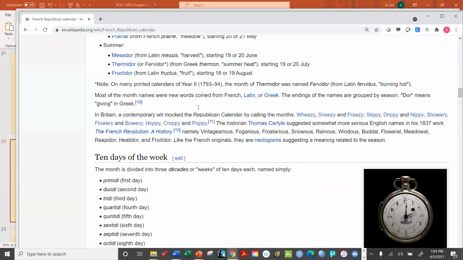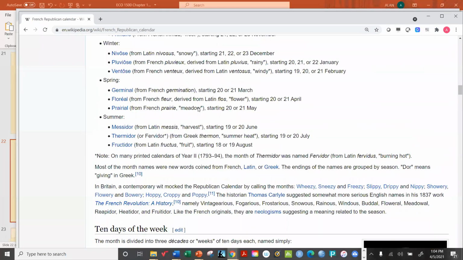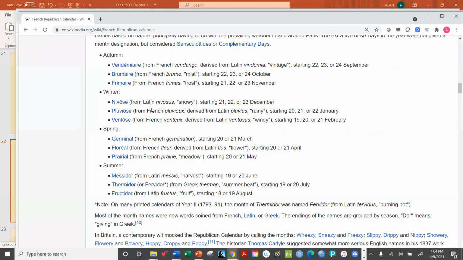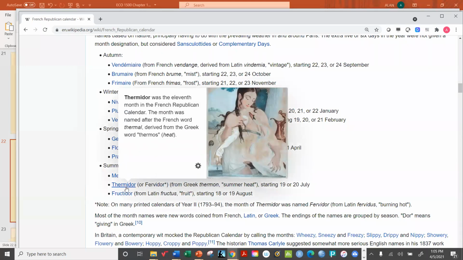So it had 10 days, 10 months. And if you look at them all very carefully, these were the names that they chose for the 10 months. And then you'll notice that one of them is called Thermidor, which you may have had a dish in a fancy restaurant called Lobster Thermidor.